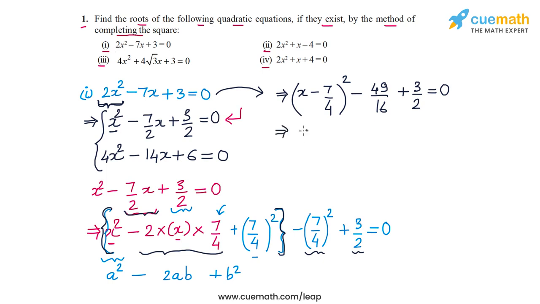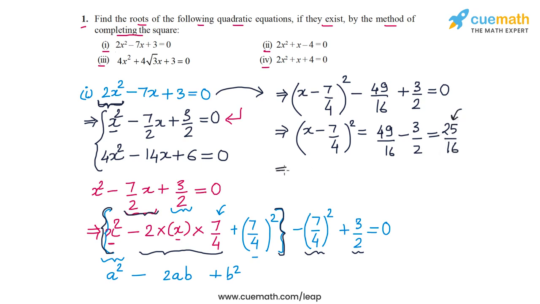Now from here we can write x minus 7 by 4 whole square is equal to 49 by 16 minus 3 by 2. Minus 3 by 2 can be written as minus 24 by 16, so the right side will become 25 by 16. And you can now see that this is a perfect square of a rational number.